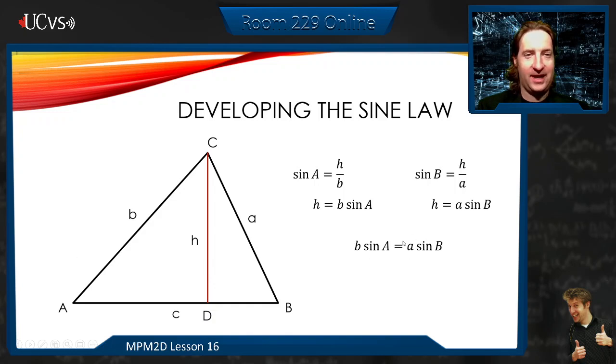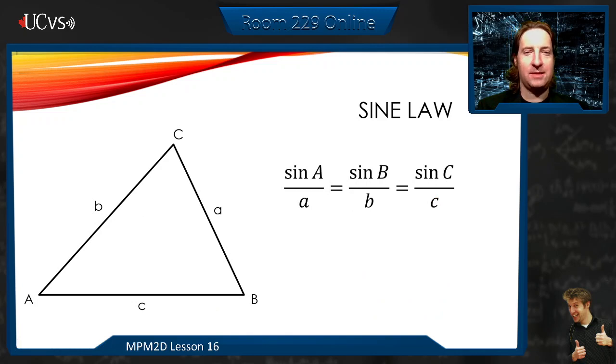Now I can cross multiply, and I come up with this nice proportionality statement: the sine of an angle divided by the length of the opposite side is equal to the sine of another angle divided by its opposite side. And this is what we call the sine law.